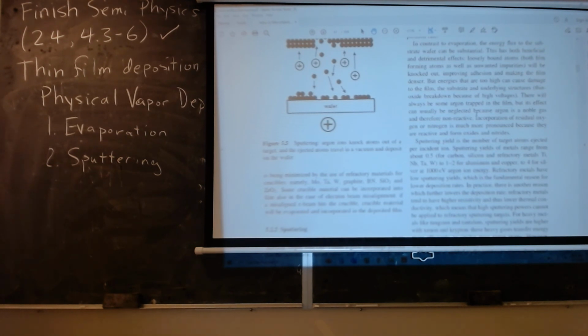And the other thing is sputtering is kind of more complicated. Evaporation is easier. Sputtering is typically used in actual industry, like Intel, because you can make larger machines essentially.